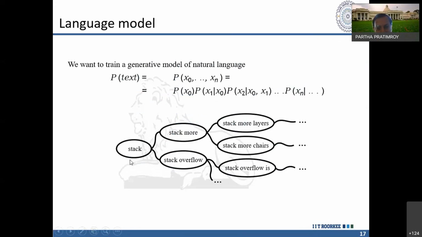If I have picked up stack, then the next word will be one of stack more or stack over. If I choose stack more, then the next word will be stack more layers or stack more chairs. Stack overflow, or something. So the third word comes according to the previous history of two words that we have received. If we receive stack more, then these are the outcomes.